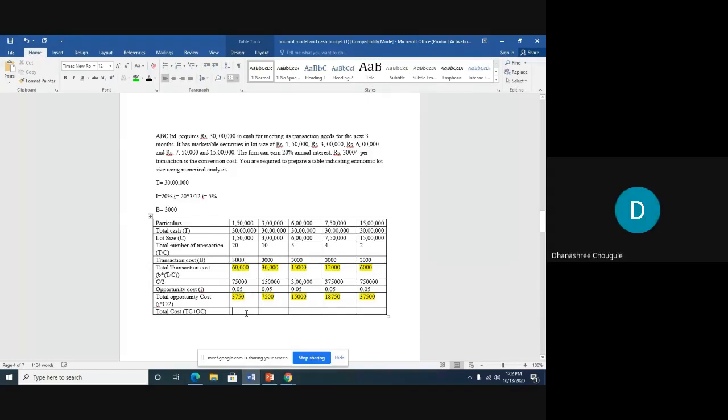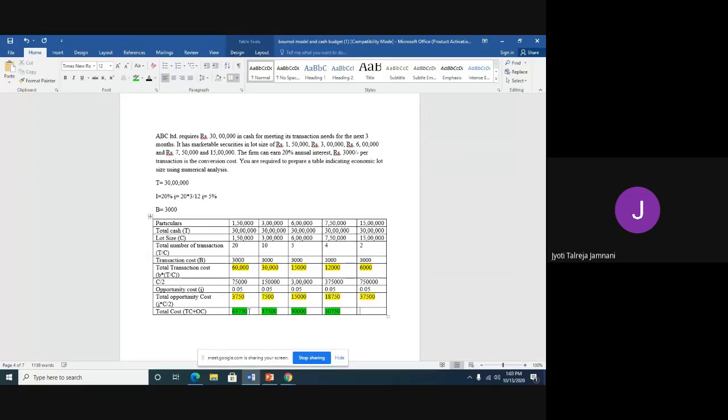At this stage, can you tell me which is the optimum cash balance? 6 lakh, because the opportunity cost and the transaction cost both are matching, 15,000 plus 15,000. Okay, so we'll total it now. 63,750, 37,500, 30,000, 30,750.